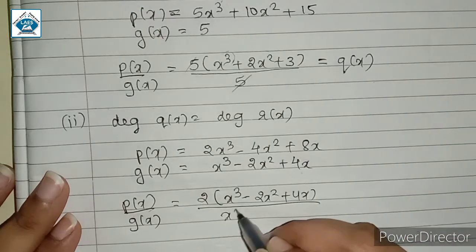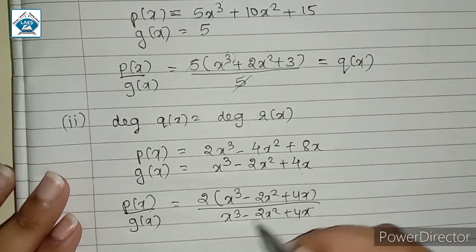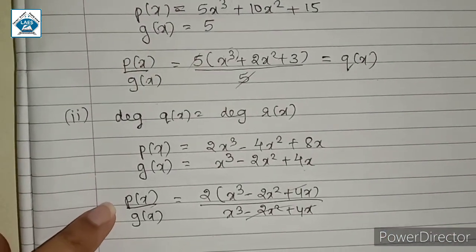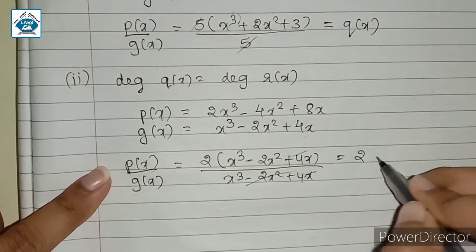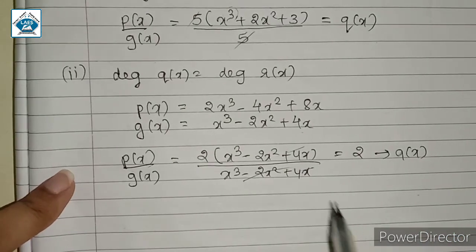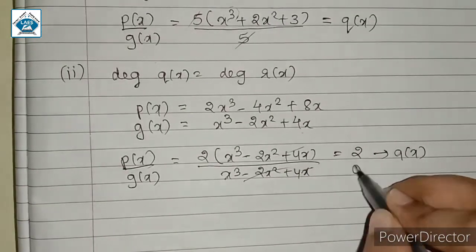That means I have taken g(x) in such a way that it cancels out with the dividend, and we are left with 2, which is the quotient q(x). So here it is completely divisible. That means the remainder is 0.